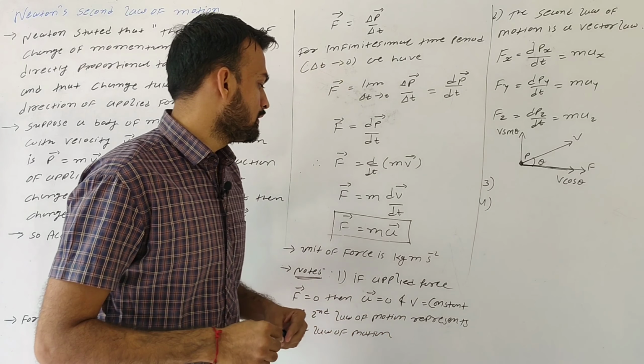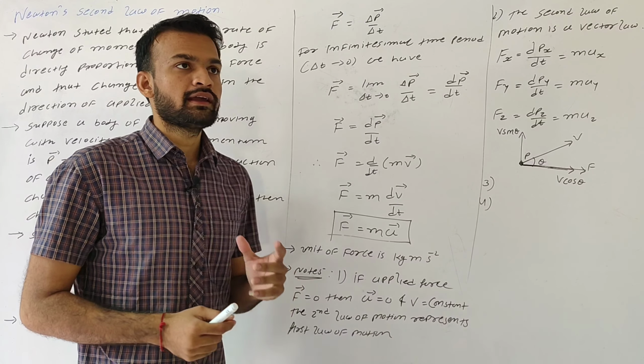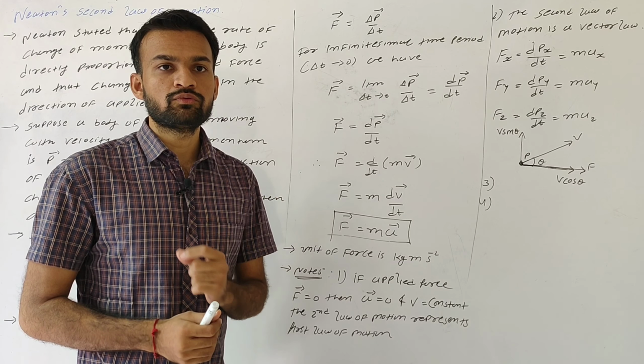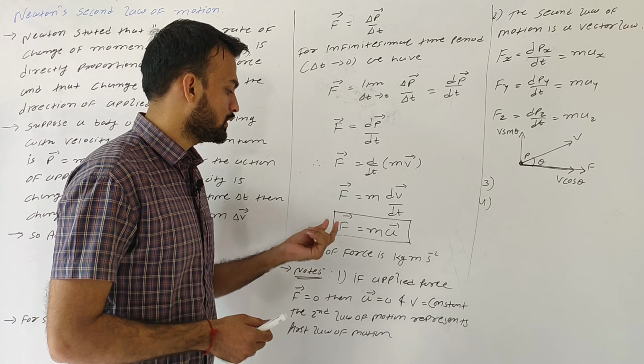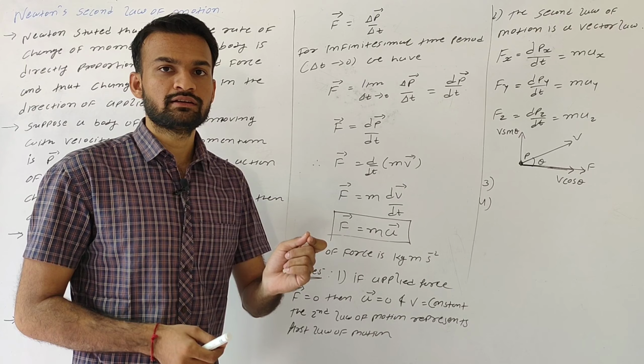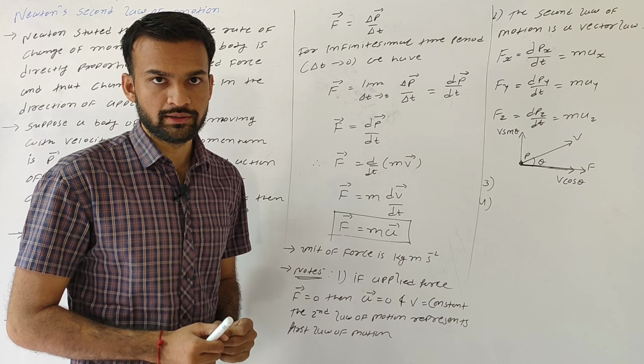So here you can say acceleration of a particle at any instant, at any position, at any point depends on the force acting at that instant, on that point only.